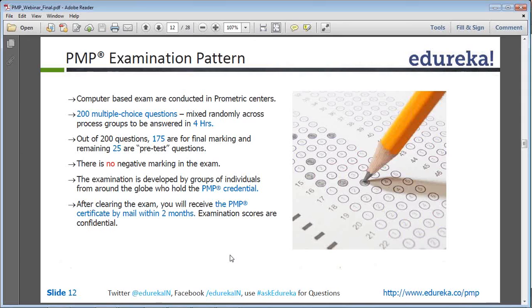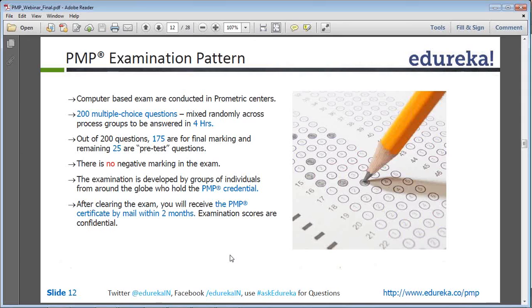As far as percentage is concerned, there is no passing percentage which is declared by PMI because there is weightage to each of the questions, and there is a specific intelligent algorithm which it uses to say whether you are proficient or not.